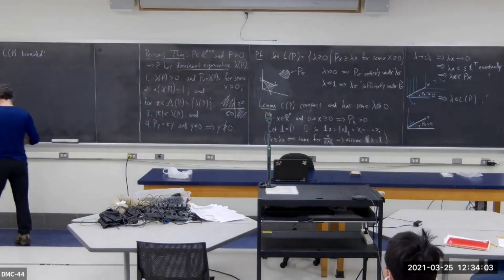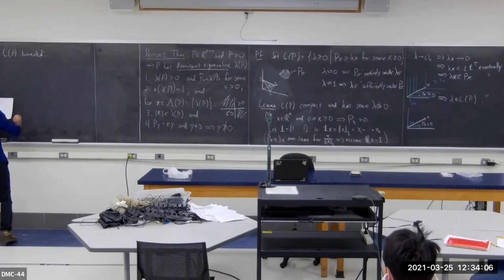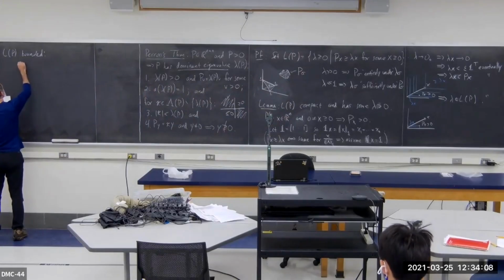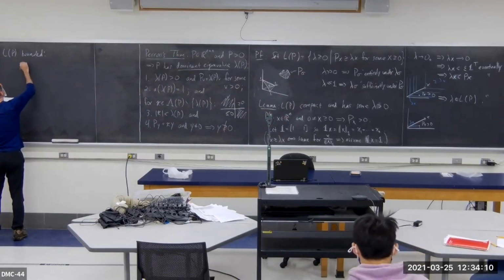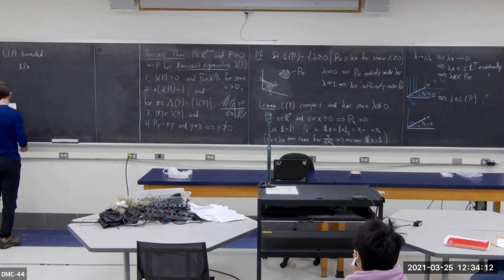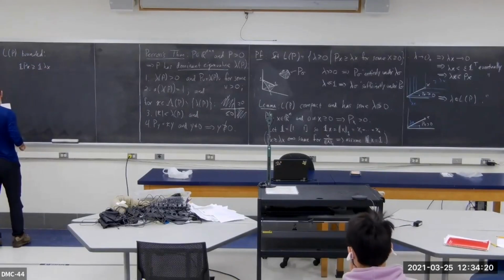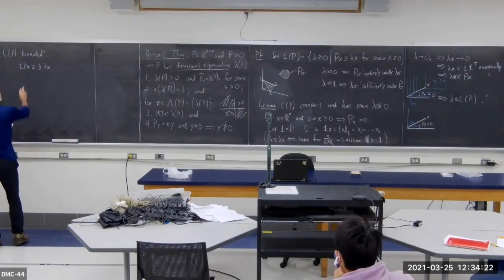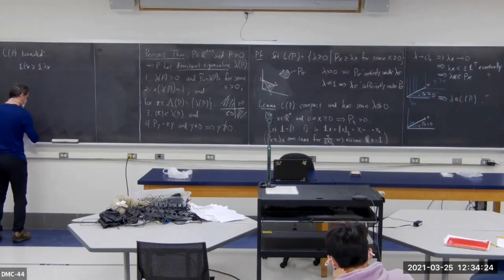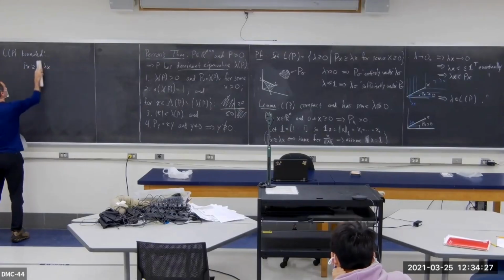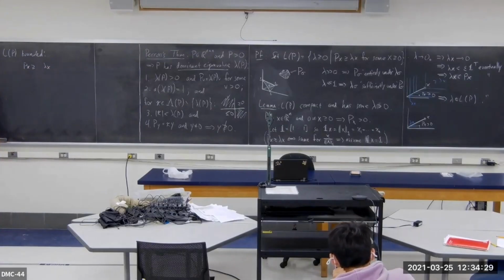Okay, so let's make that precise. So I have that 1 px is greater than or equal to 1 lambda x, right? So px is greater than or equal to lambda x, right? Let's start with that. This inequality implies this inequality, right?